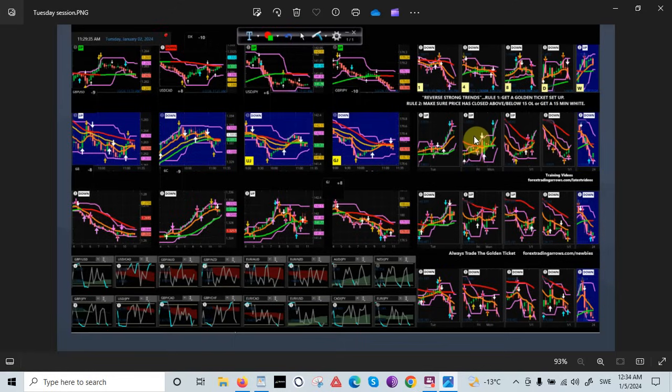The only difference is that you're most likely taking it when a flow is established. Every flow starts with Rule 2 kicking in, and as it states here, Rule 2 is price closing above or below the 50-minute orange line, or against the 50-minute white. So that's it, as is stated here.